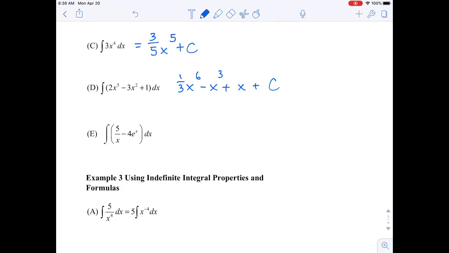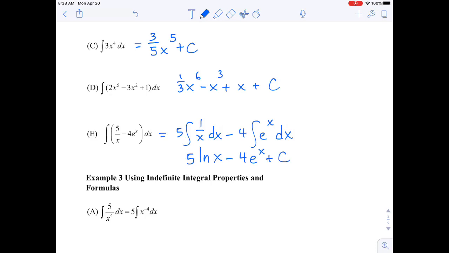When you look at the last one, think of this as 5 times the integral 1 over x dx minus 4 the integral e to the x dx. The integral of 1 over x is natural log. So this would be 5 times the natural log of x minus 4 e to the x plus c.